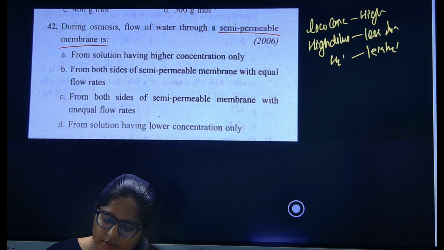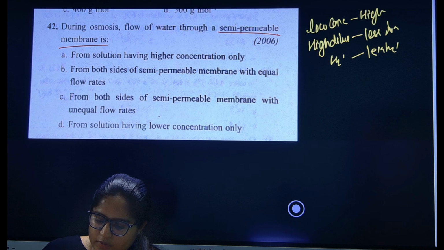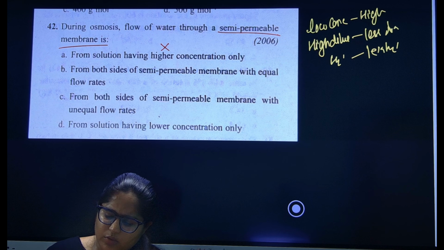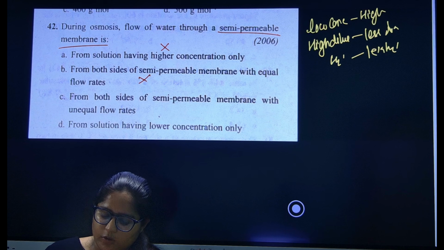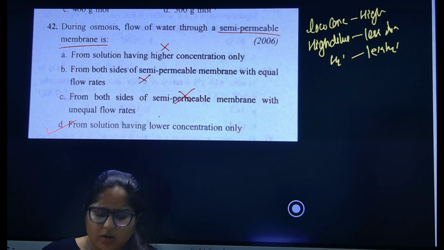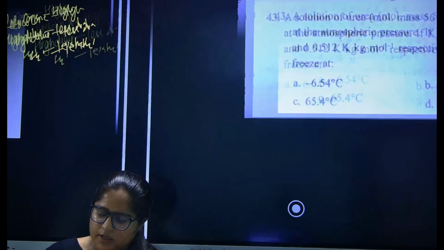Let us see the options one by one. From solution having higher concentration only, no. From both sides of the semi-permeable membrane, no, not both sides. From higher water to lower water side. From both sides unequal. From solution having lower concentration only, yes, lower concentration. Option D is the right answer.